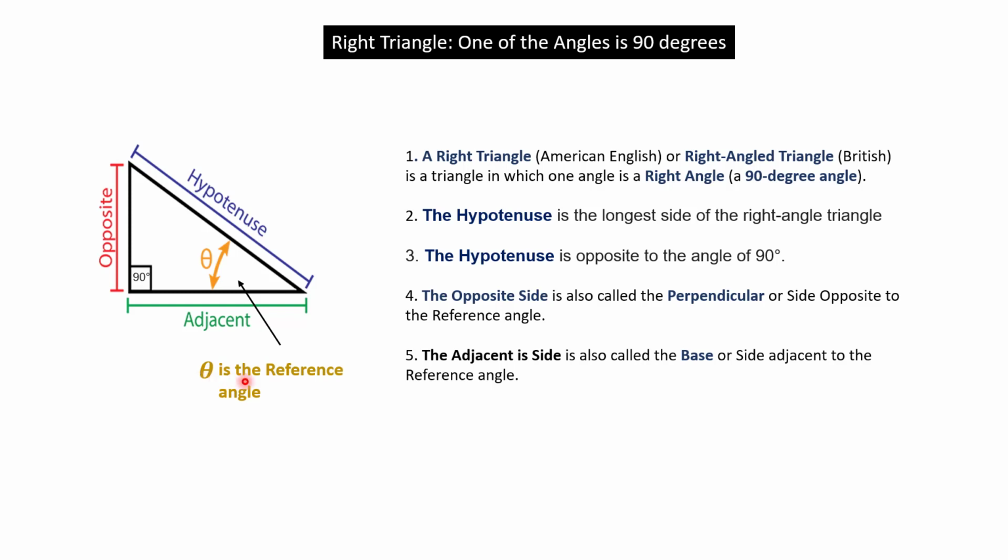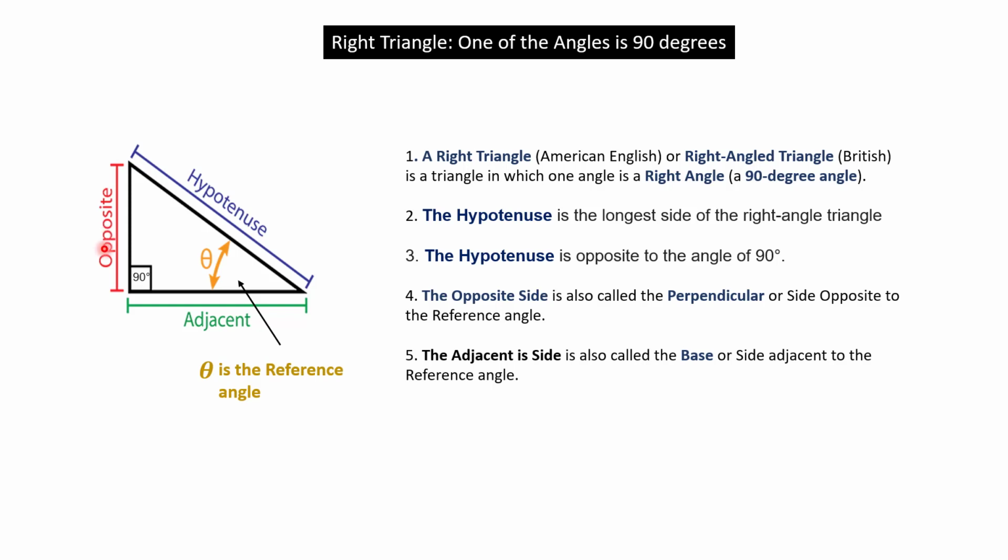So theta is the reference angle. You have a right angle, 90 degrees. You have a reference angle, that is theta. It could be 45 degrees, it could be 30 degrees, it could be 60 degrees. And the side opposite to the reference angle is called the perpendicular or the opposite.